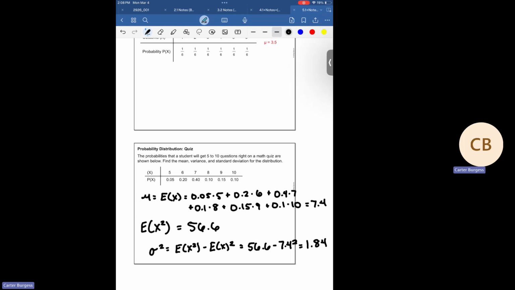The squared is already embedded in it. We've already done the squaring by squaring all the x's.